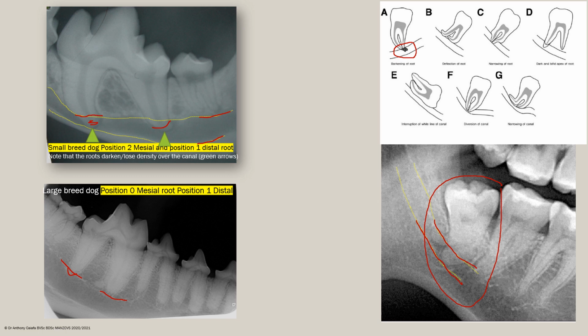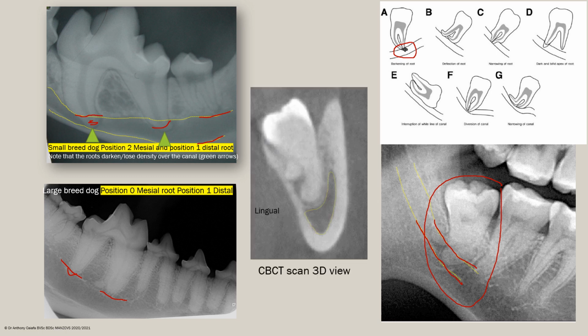The classical example, on that lower right image, that plain radiograph of that third molar tooth, tooth 4-8, if you look at a cone beam CT image, now you can see that cone. This is one of the roots here, and this is another root here of that same tooth.